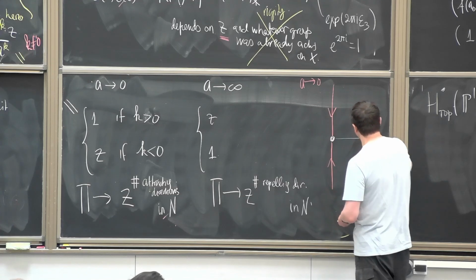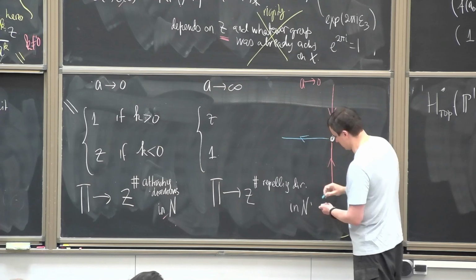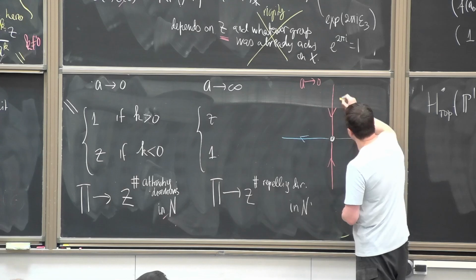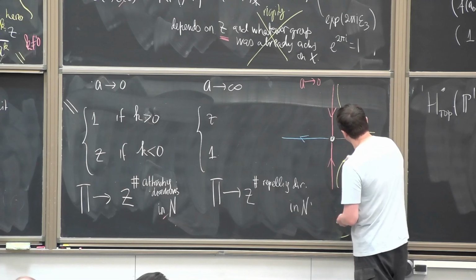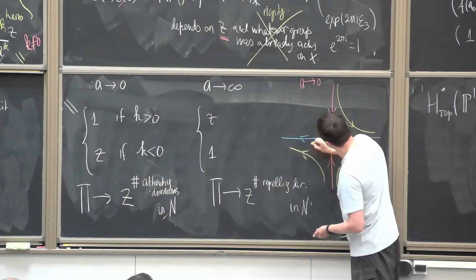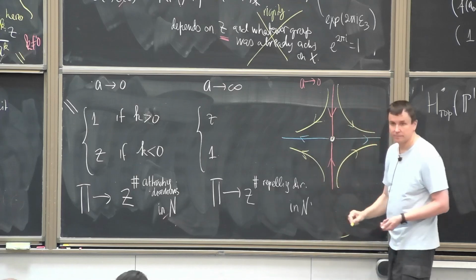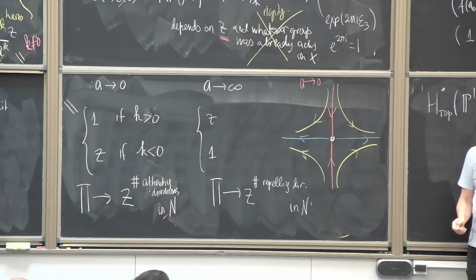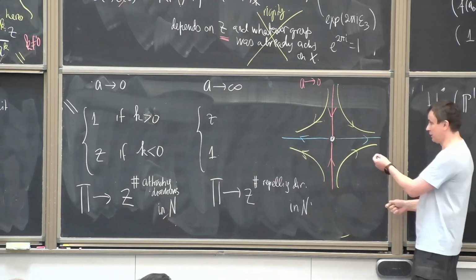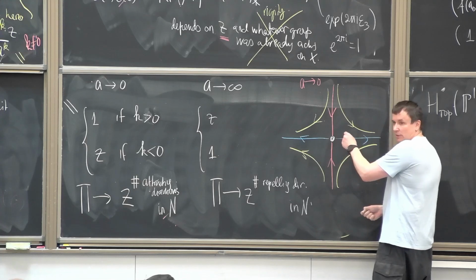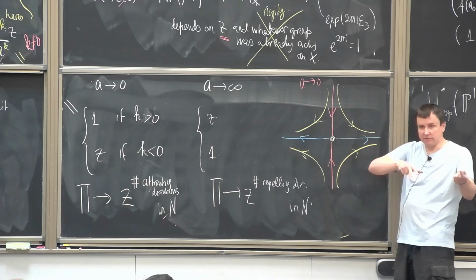Some directions will be expelled from my point. Right? So my action will look something like this. And so at every point you have some number of attracting and repelling directions.